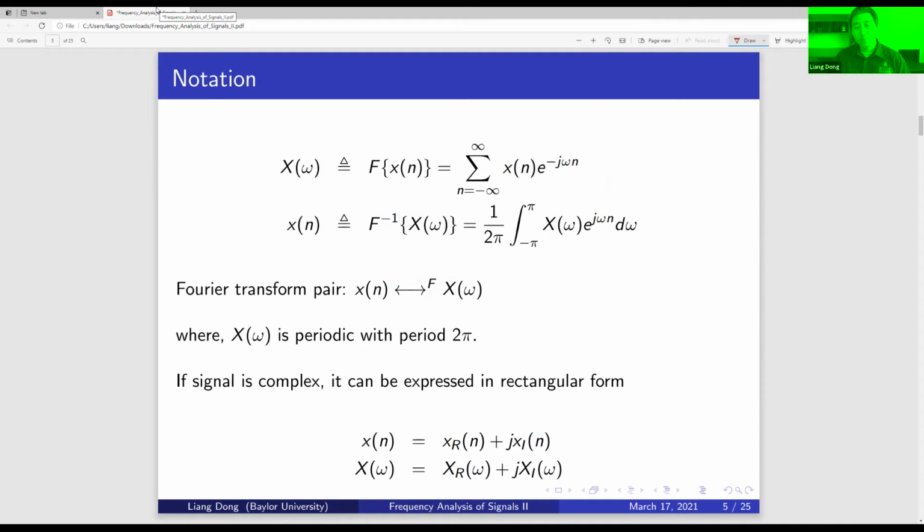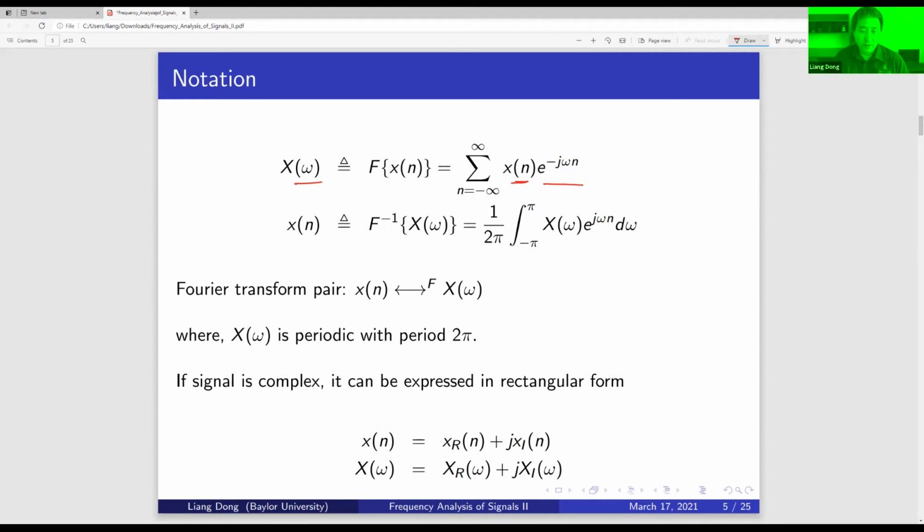The notation for the Fourier transform: we are dealing with a discrete time signal, xn, a discretized signal. Doing a Fourier transform, we have this summation. We have xn multiplied by the core, which is e to the power negative j omega n, and then we sum them together to get a frequency domain signal X omega.